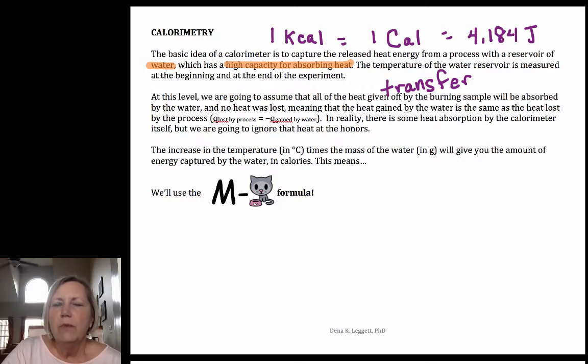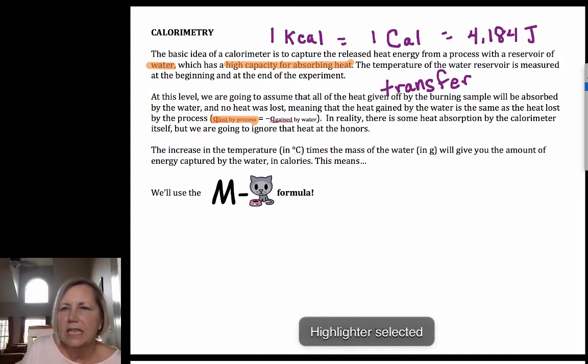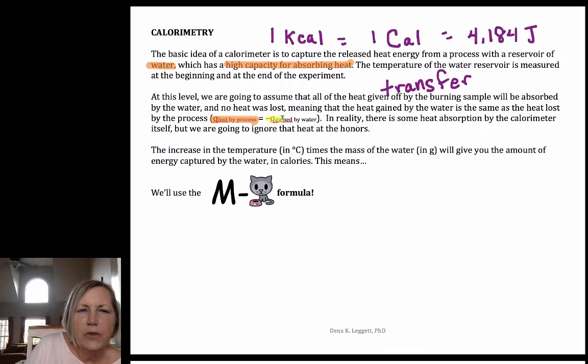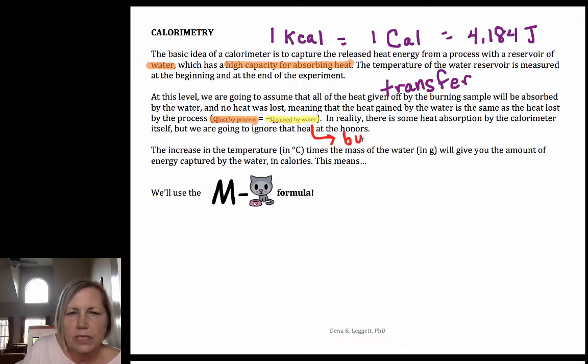Okay, now we're going to be doing a variety of processes. Sometimes it's dissolving a salt. Sometimes it's neutralizing an acid or base. But the key is that the heat lost by whatever process we're looking at is going to be equal in magnitude, but opposite in sign, to the heat gained by the water, or in some cases, instead of water, it's this bulk solution that is surrounding the process.